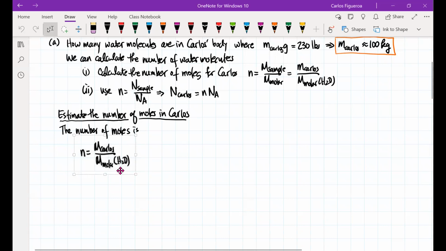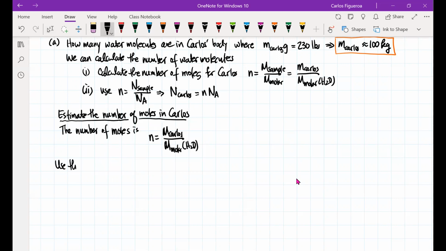I'm going to use the periodic table to get the molar mass of water.